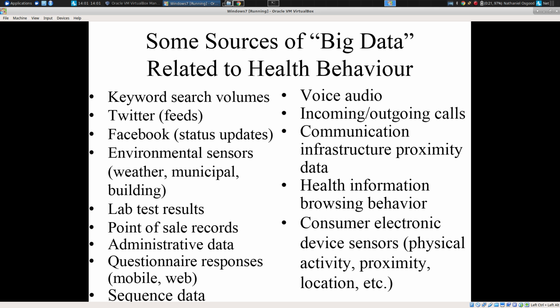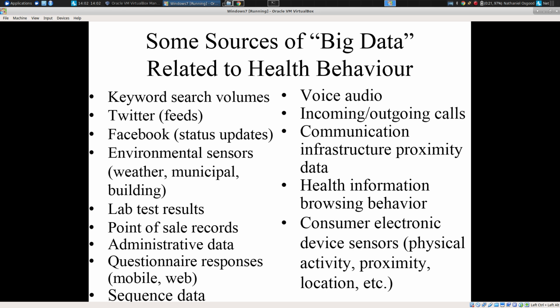I would consider them big data for reasons we'll get into in just a minute. Point-of-sale records, purchases, for example, of personal protective products for mosquitoes. We've done some work looking at purchases of mosquito repellent over time. Data from environmental sensors.